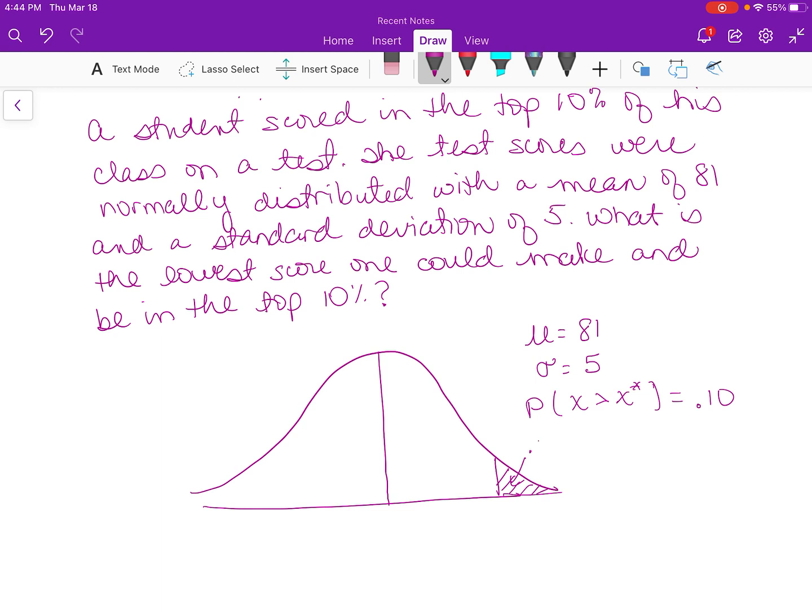So I know that this is 0.10. Since I have what's on the inside and I want what's on the outside, I have to use inverse norm because I'm going backwards. So I'm going to do inverse norm for 0.9 because the area to the left is 0.9, with a mean of 81 and a standard deviation of 5.